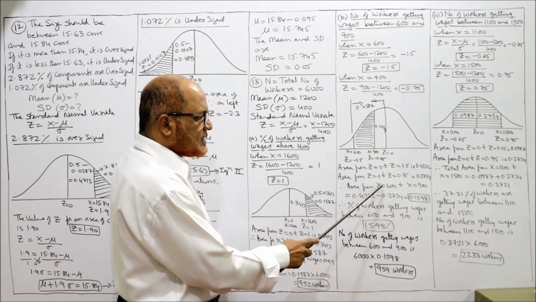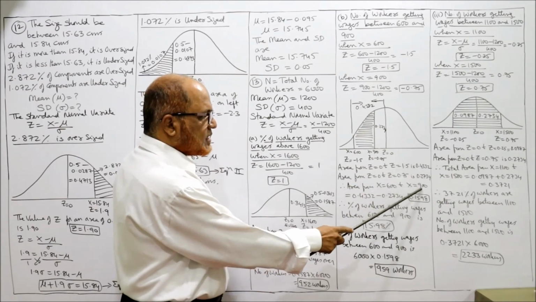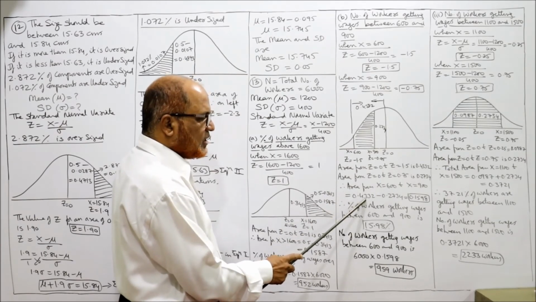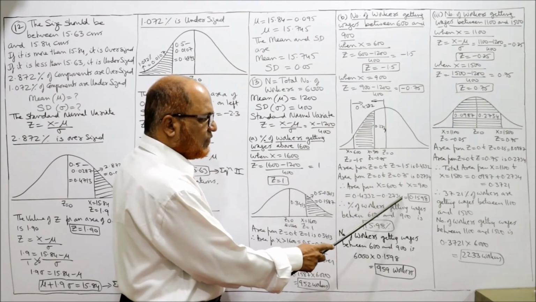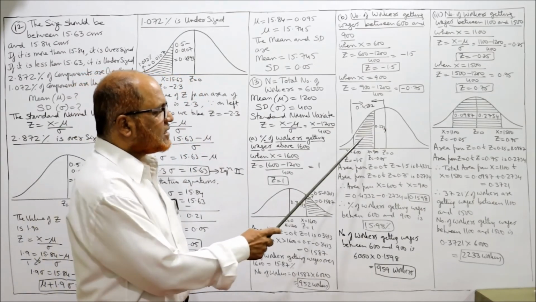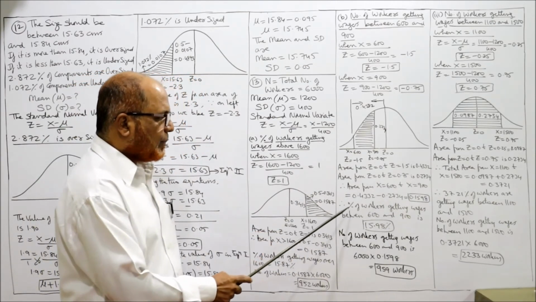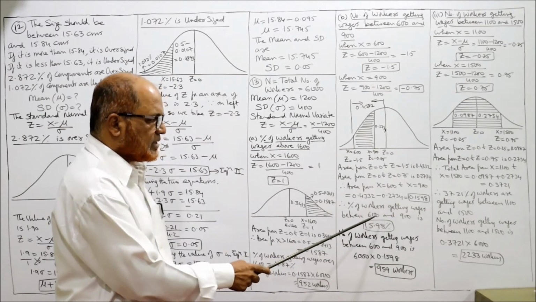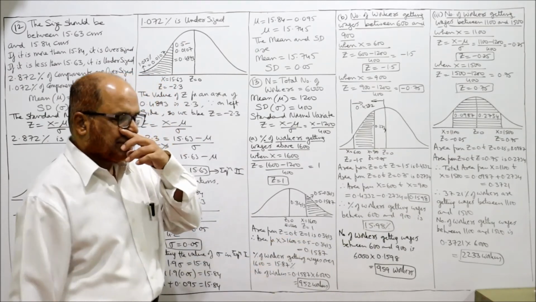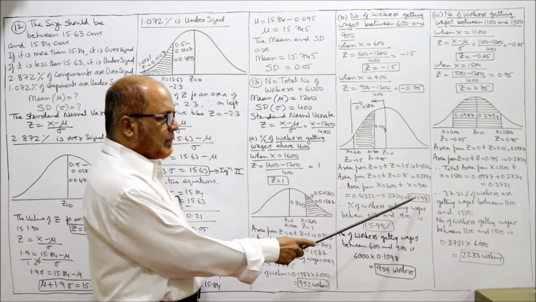Area from x equal to 600 to x equal to 900, from here to here. How much? 0.4332 minus 0.2734 is 0.1598. So this shaded area is 0.1598. The percentage of workers getting wages between 600 and 900 is 15.98%. If you want it in percentage, multiply by 100.